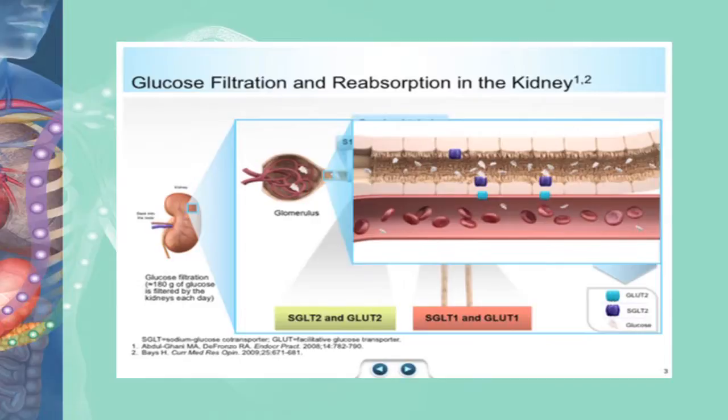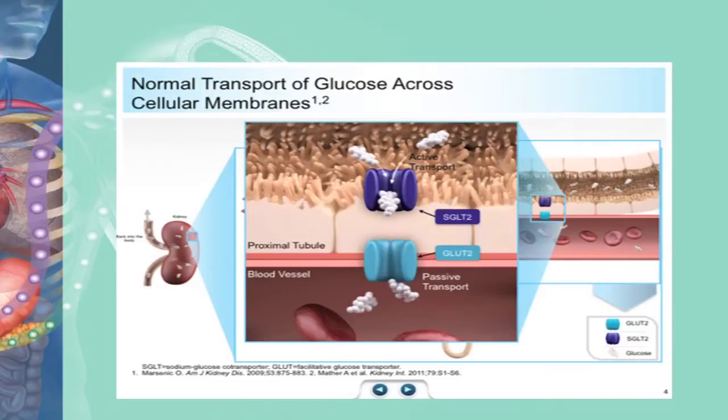And also the GLUT, as you see, reabsorbs, and you might be able to see it better on the next slide, reabsorbs the glucose on the opposite side of the cell, on the other membrane. This is the next slide here. Again, a very descriptive cartoon of what happens.